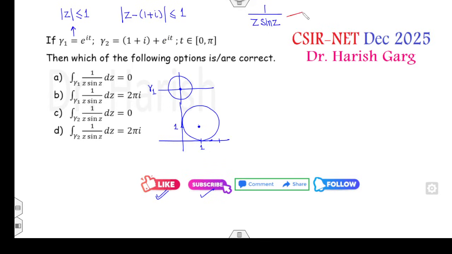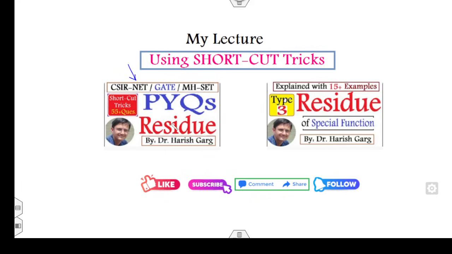So there are two ways. Either you can find the poles and then find their residues. Otherwise, the second way is we can expand and look at the coefficient of 1 over z. But what did I tell you in the shortcut tricks in this lecture: whenever you have sine, cos, cot, tan, exponential, you always apply the special functions.